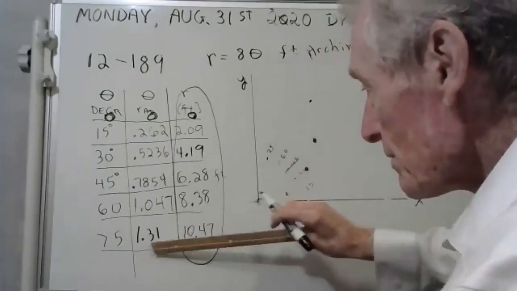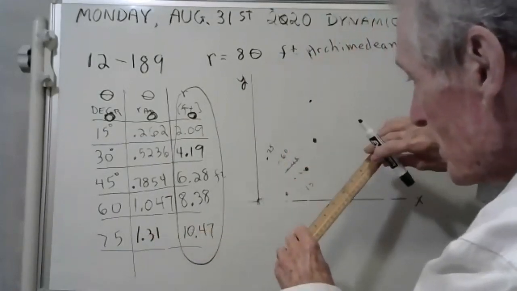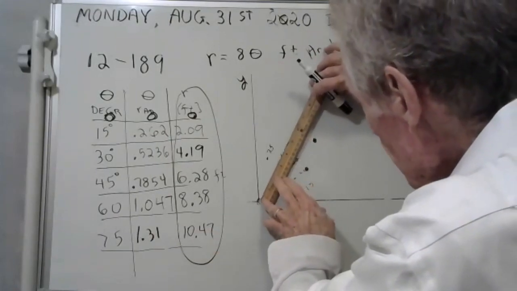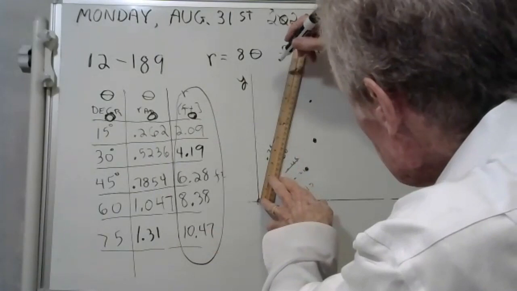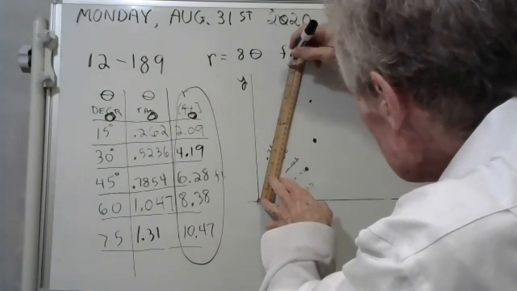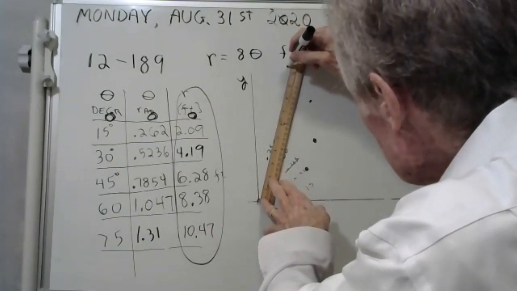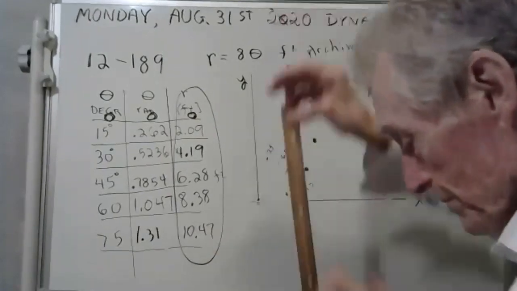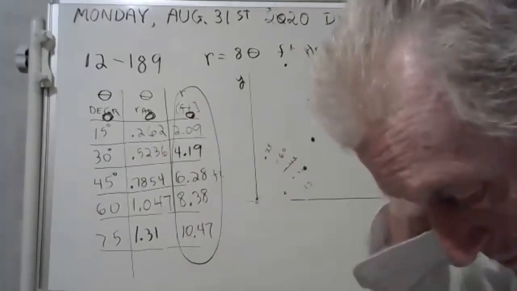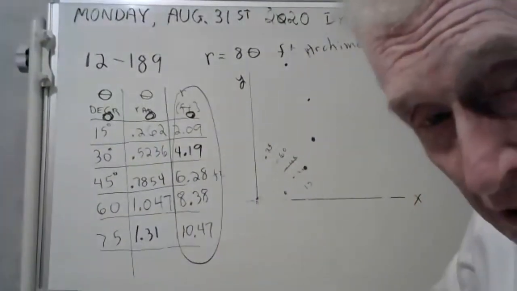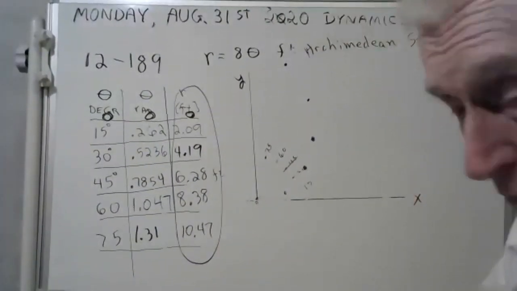And then at 75, we want 10.47. Okay, 75 is 10.47. That's right about there. All right, oops. Now we're going to draw this thing correctly. Somebody could have gotten a thank you point just now because I was putting in the wrong numbers.